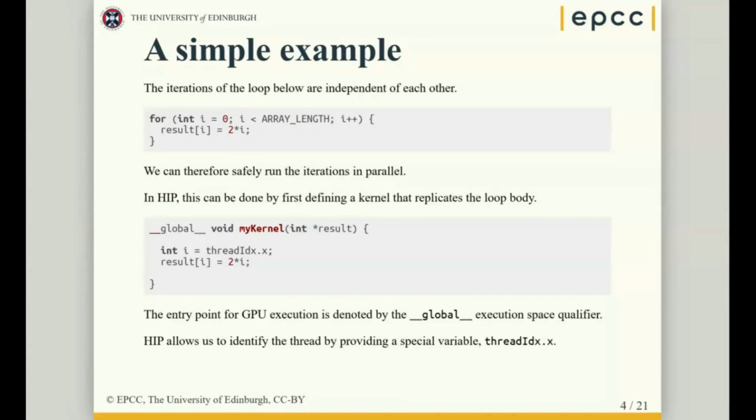And each processing unit will be unique, will have a unique identifier. So the result will be done in parallel. There is a question in the chat about how this works.